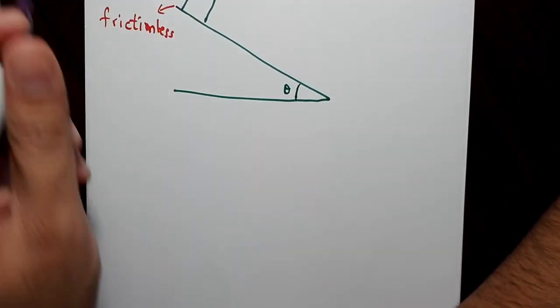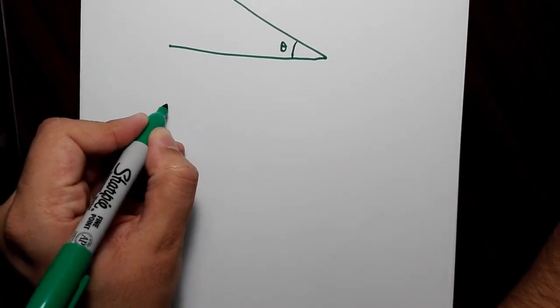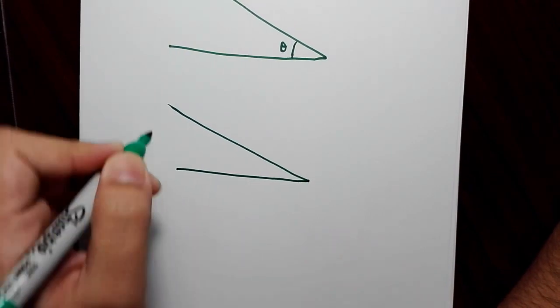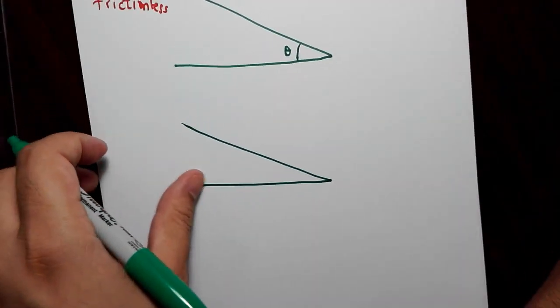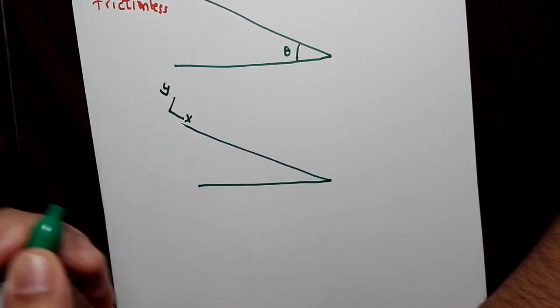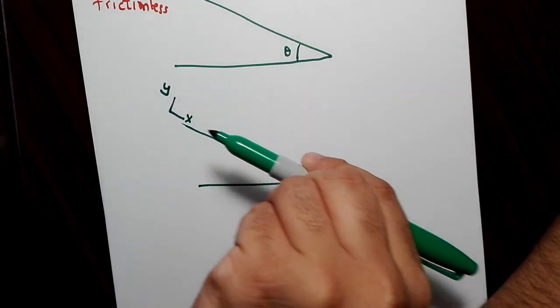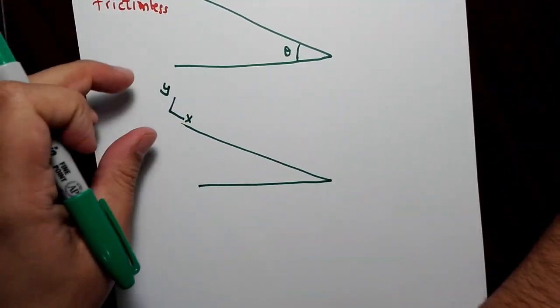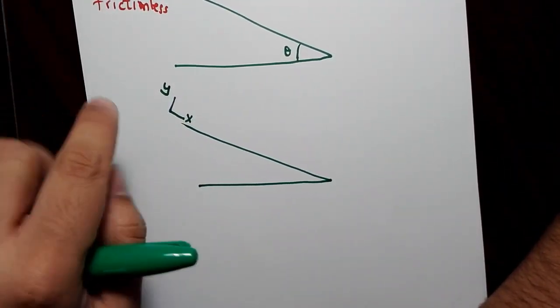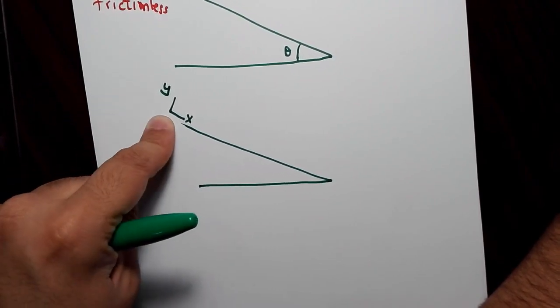Even before that, let's choose an axis. When you have an inclined plane, the easy thing to do is to tilt your axis as well, because any vector pointing down is positive, any vector pointing up will be negative. You have to make that decision because your coordinate axis gives you the signs of your vectors.